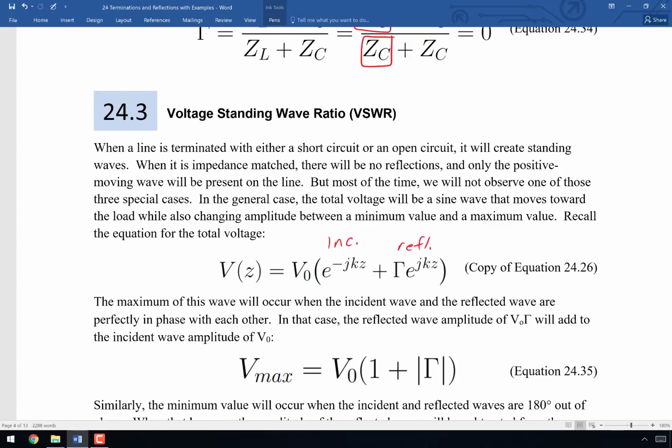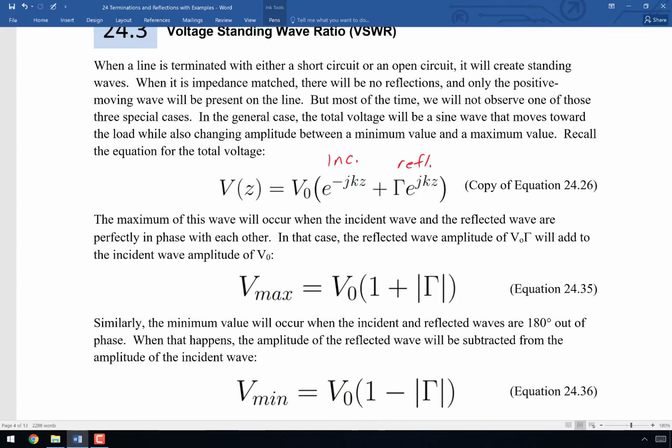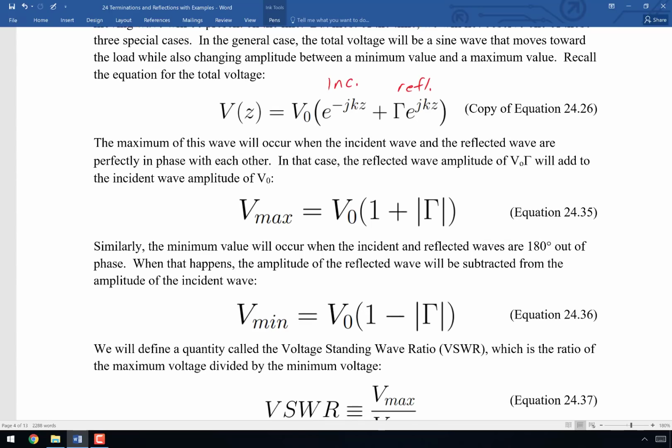And so we're going to find that the maximum voltage is going to occur at 1 plus the magnitude of gamma, and the minimum voltage is going to occur at 1 minus the magnitude of gamma. So when I say magnitude in this case, I actually mean absolute value. So it's 1 plus the absolute value of gamma and 1 minus the absolute value of gamma. And we can define a new quantity, which we're going to call the voltage standing wave ratio, the VSWR.